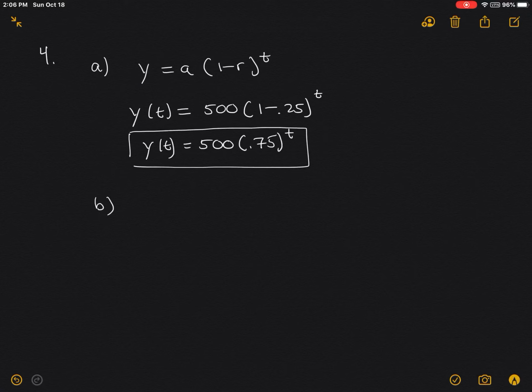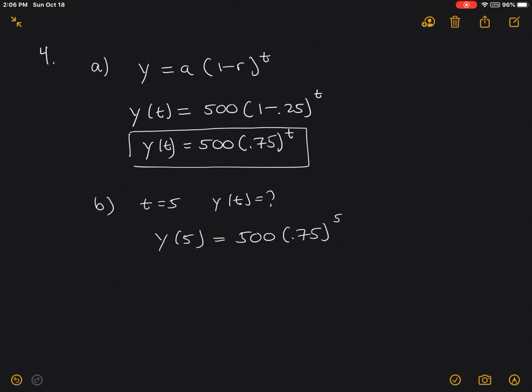And then once you have the model, for part B, it says find the value of the bike after 5 years. So when t is equal to 5, y of t is equal to question mark. It's just a straight plug-in. So y of 5 is 500 times 0.75 raised to the 5.